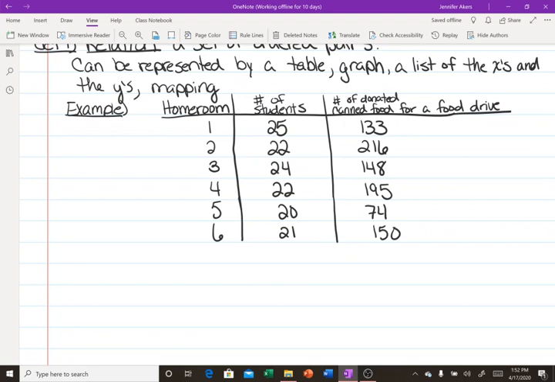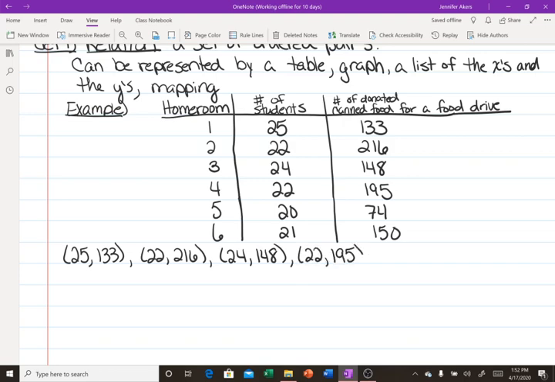Another way I could write it is as ordered pairs. We've got 25 students in homeroom 1 with 133 cans. We have 22 students with 216. We have 24 that's donated 148. We have 22 that have donated 195. We have 20 that's donated 74.